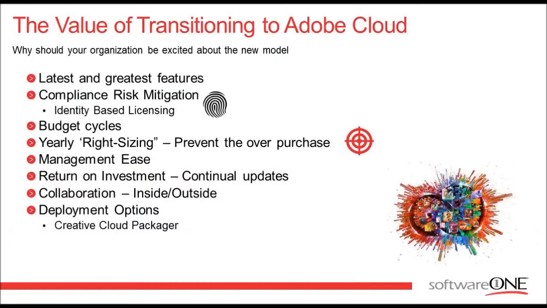A good example, when you collaborate outside, is if you work with organizations that have the cloud product and you want to maintain standardization across the board, you always have the availability to save down, meaning you can save down to a CS6 format. You can also install previous versions of the Creative Cloud as a whole. One aspect: you can't buy a Creative Cloud license and downgrade to a CS6 installation, but you can downgrade to a feature set that you want within the cloud product as a whole.